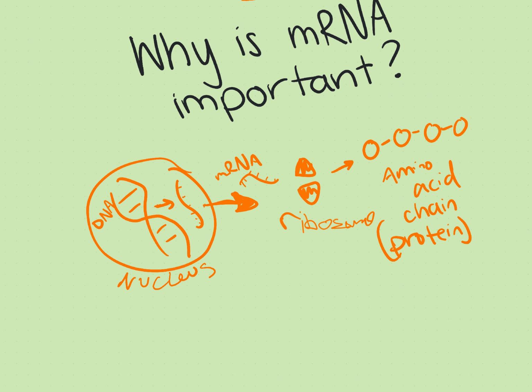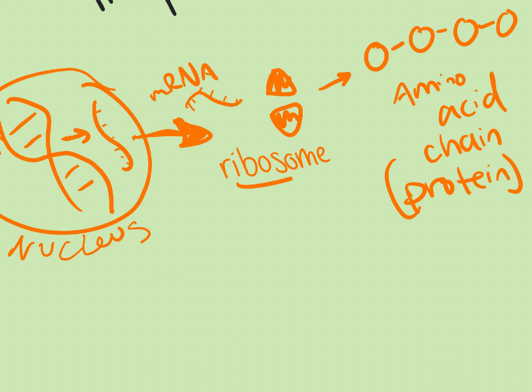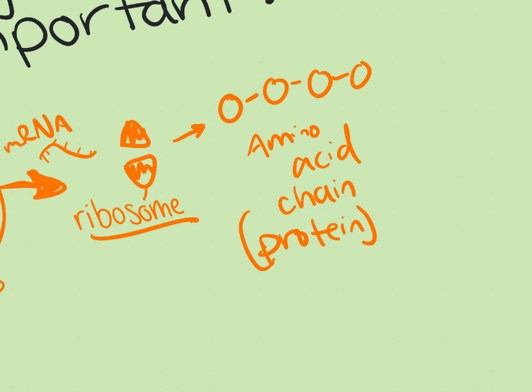Oh, that's horrible handwriting. mRNA goes to the ribosome, and that is where the ribosome can translate the mRNA into amino acids and forming a chain of amino acids that gives us a protein. We're going to get a little more into that now.